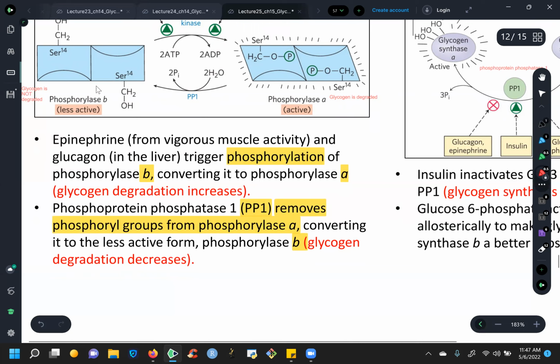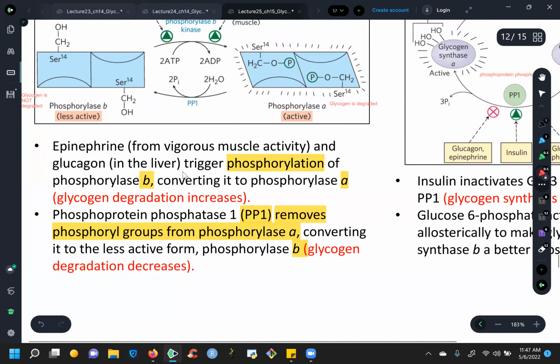So glycogen degradation would decrease. There are different conditions, but anytime you remove the phosphate here, it will give you the less active form. You won't have glycogen degradation. So that means that you don't really need to make ATP. You already have ATP.